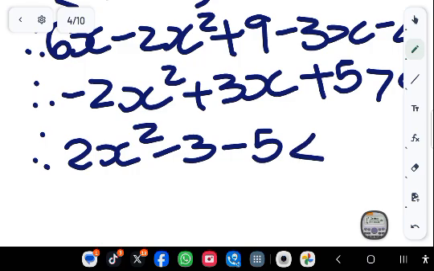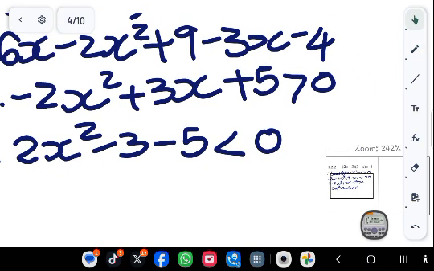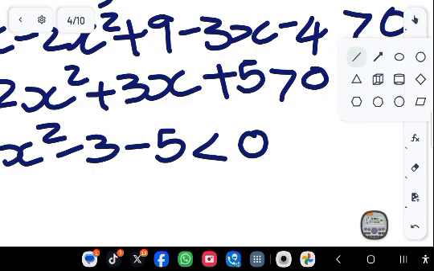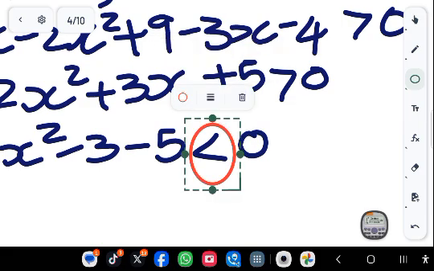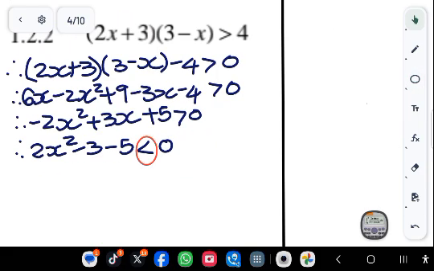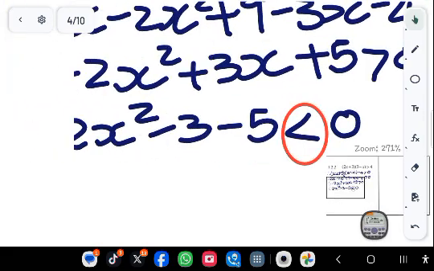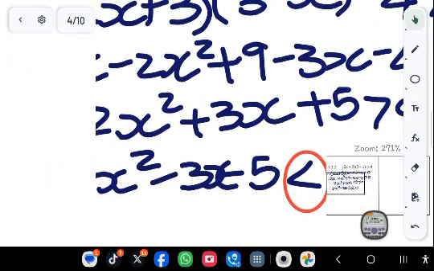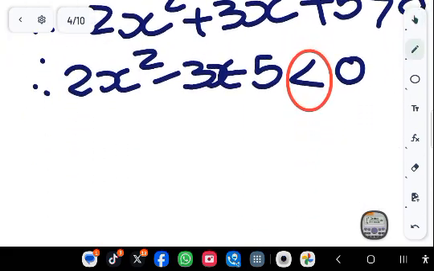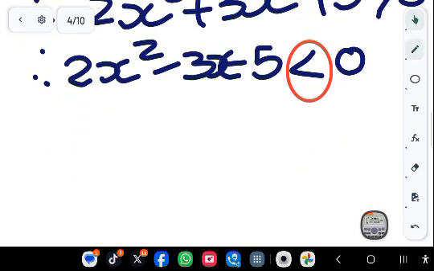But whenever you divide or multiply an inequality by a negative, the inequality sign changes direction. It looks the other way around, and therefore now, sorry about that, that is -3x, that should be less than. And now let's factorize.